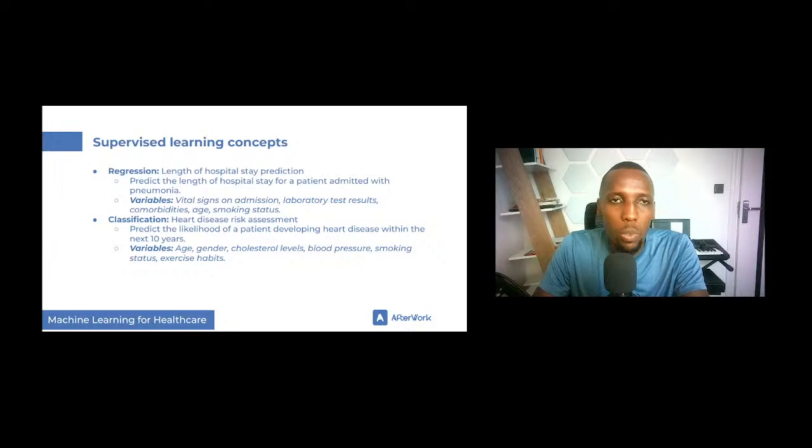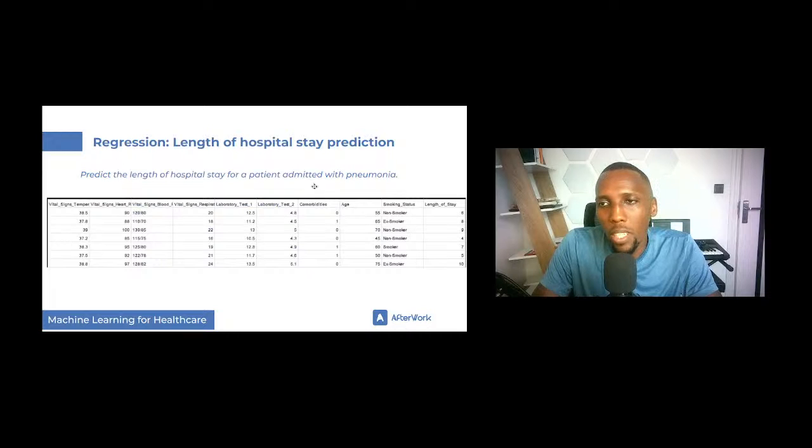The data set that we would have, these variables, would have vital signs on admissions, would have laboratory test results, maybe comorbidities, age and smoking status. We might want to maybe predict some sort of numerical variable. And maybe if I can just go a bit and display that data set.